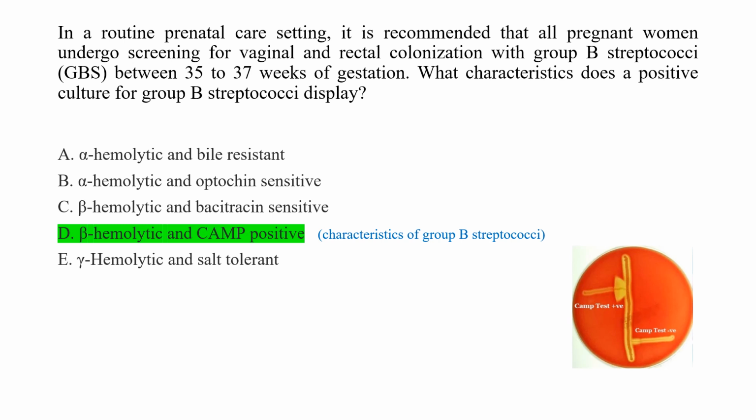And a CAMP test also is a diagnostic test where group B streptococci enhance the hemolysis of Staphylococcus aureus, forming an arrowhead-shaped zone of enhanced hemolysis as illustrated in the image provided on the right side of the screen.